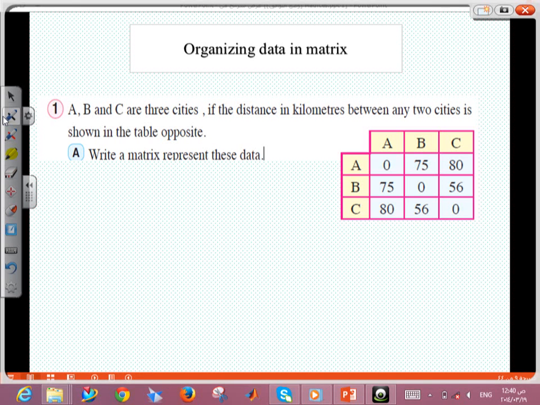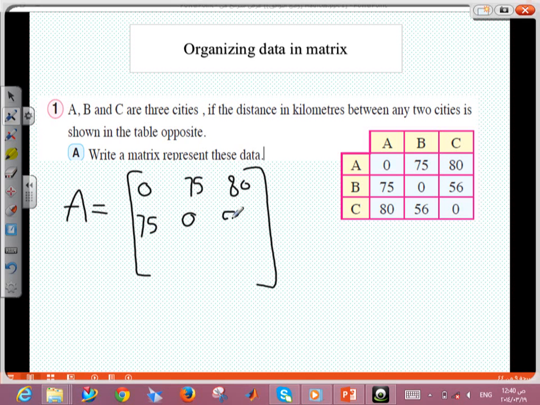Let's say the name is A. A equals the matrix 0, 75, 80, 75, 0, 56, 80, 56, and 0. This is a matrix of order what? Order 3 times 3. This is the order of the matrix. Okay.